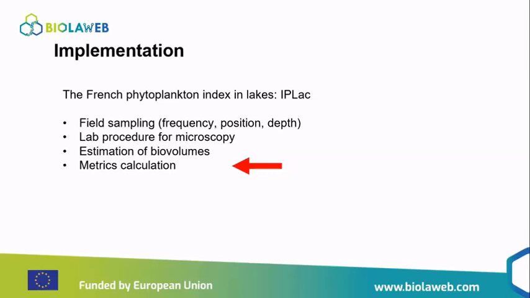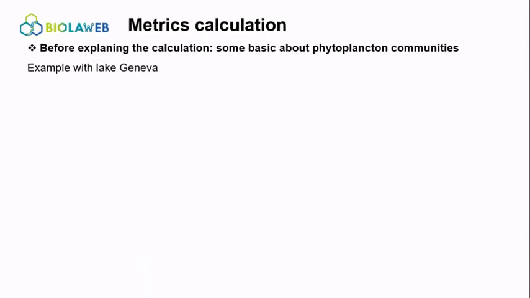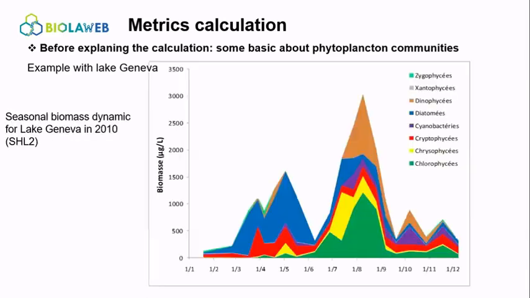Metric calculation. How do we calculate our IPLAC? But just before, I don't know if it's necessary to enter into such detail, but just to make you aware that in a lake, the communities of algae change from one month to another.